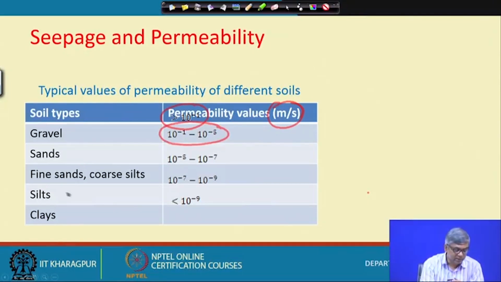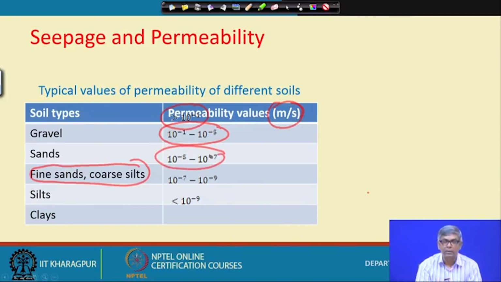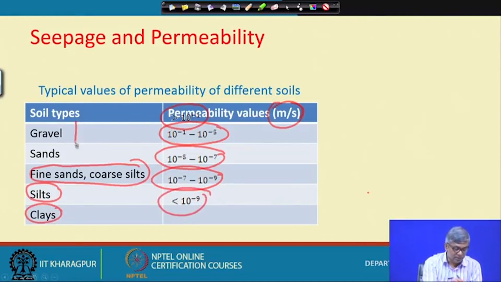For fine sand and coarse silt, it is 10 to the power minus 5 to 10 to the power minus 7. For silt, the value is 10 to the power minus 7 to 10 to the power minus 9 meter per second, and for clay, the value is less than 10 to the power minus 9. You can see that as we go from coarser to finer particles, the permeability value reduces, which is obvious.